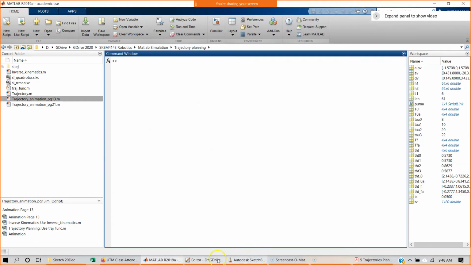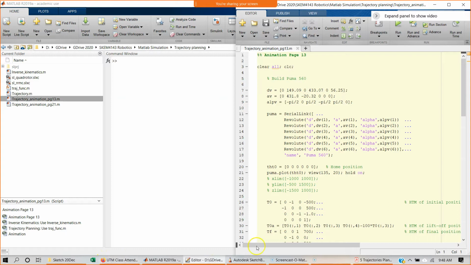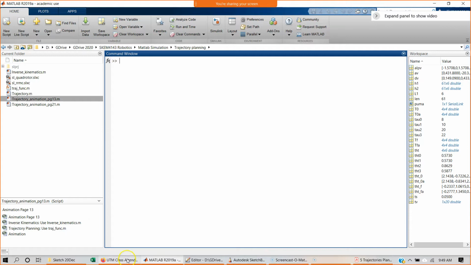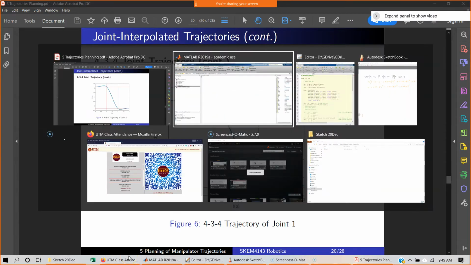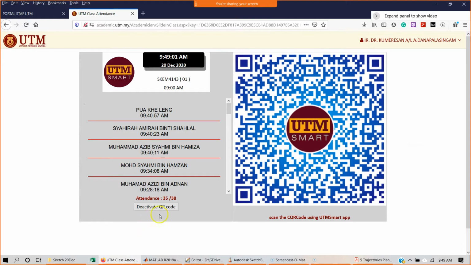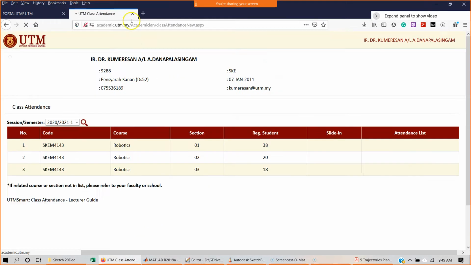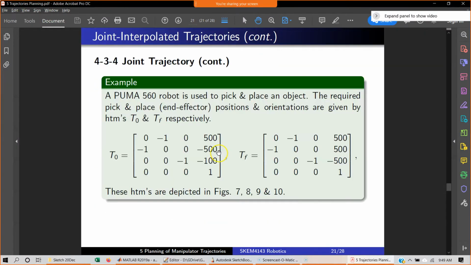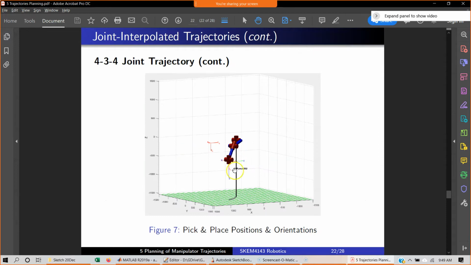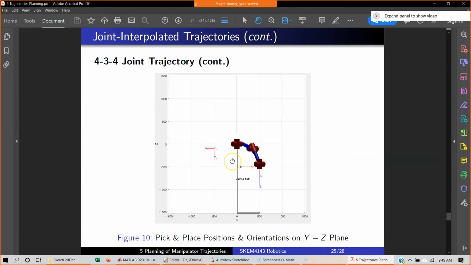Okay. So next in the slides we have, there's another exercise on slide 21. It's similar, exactly the same, except that the initial and final poses are different.